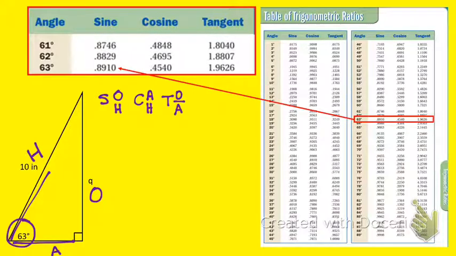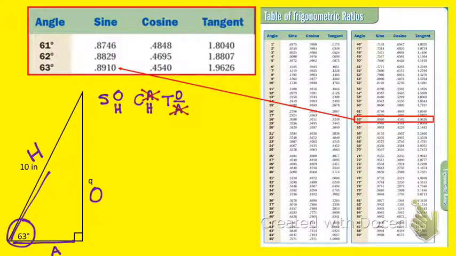So we wouldn't have anything to fill in to the bottom if we use tangent, and we wouldn't have anything to fill in on the top of our fraction if we were to use cosine. The only trig ratio that has a spot for the q for the opposite and a spot for the 10 for the hypotenuse is the sine ratio. So in this problem, we will use sine.